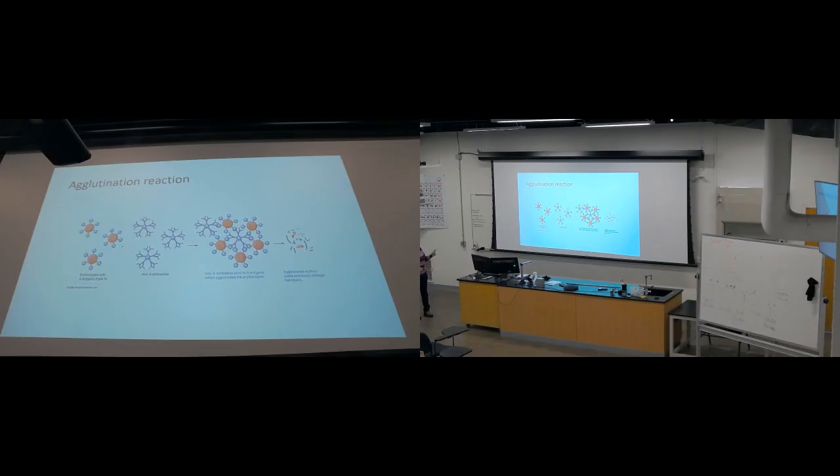So then this is what happens when you have this type of reaction, agglutination reactions. If you have erythrocytes with A antigen, and you combine them with anti-A antibodies, which by the way are pentamers of IgM, you can clump all these erythrocytes, and these will undergo hemolysis in our body.